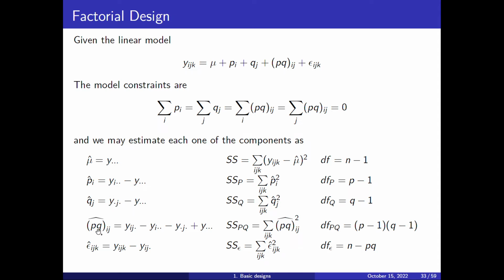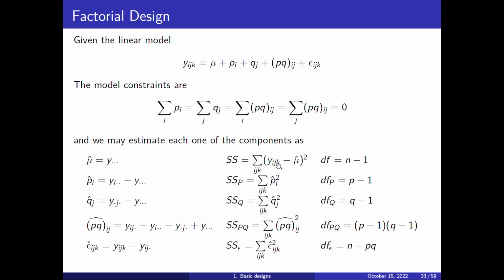And then the interaction is the mean of the group minus whatever I have explained. And then the estimate of the contribution of each animal is the observation of that animal minus the mean of its group.